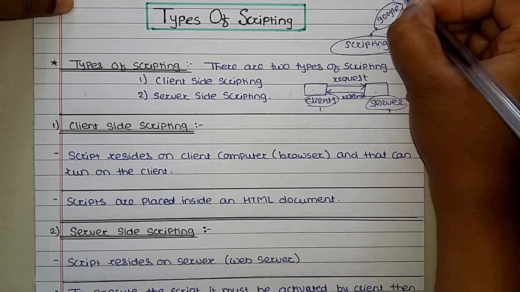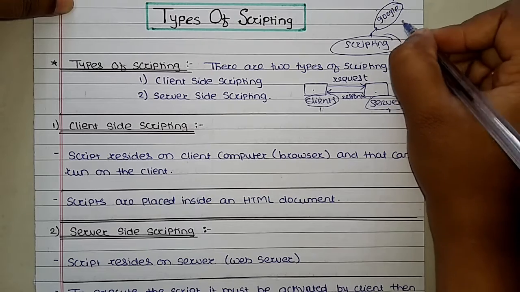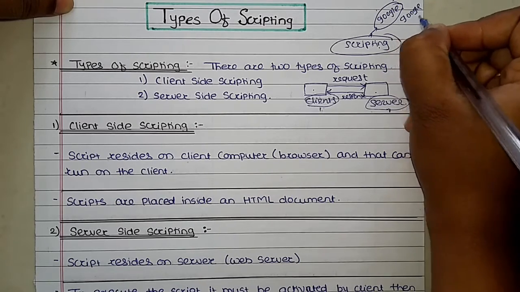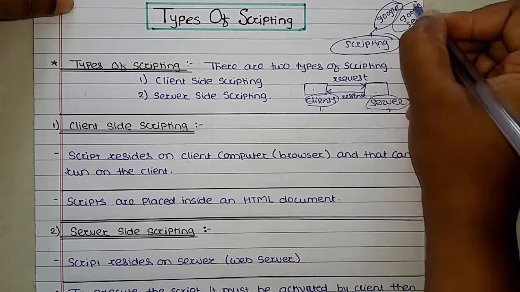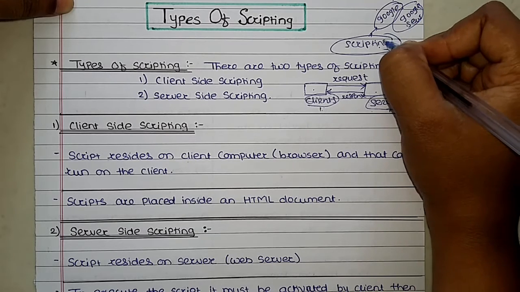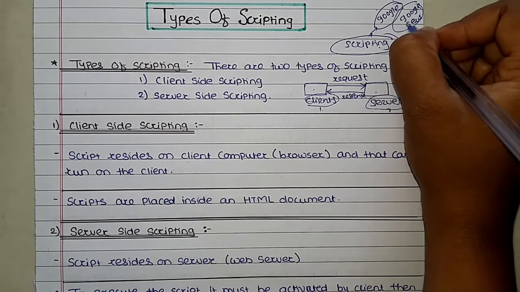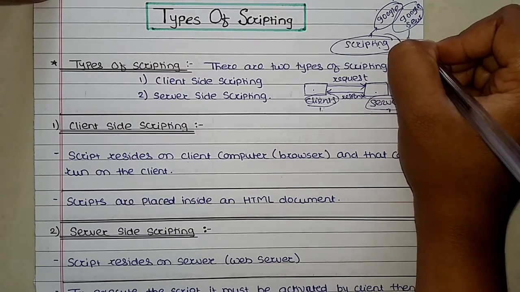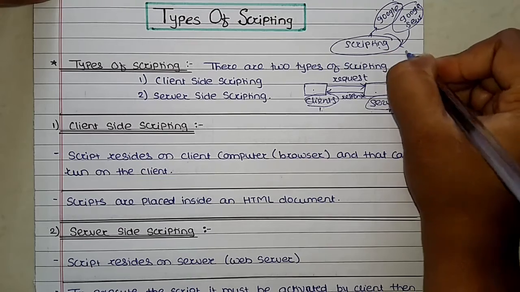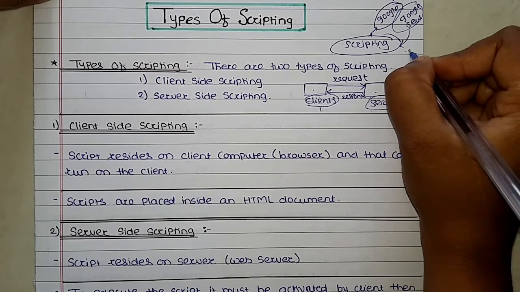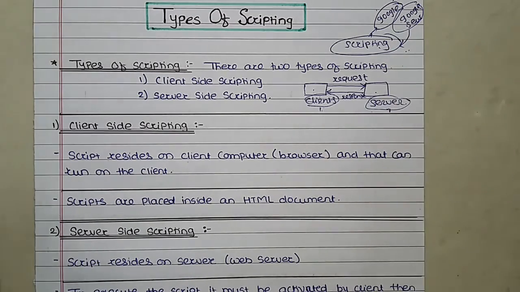The Google server serves the request of the clients, that is, what is meant by scripting. So whatever information is on the Google server is all written back to the client. That means whatever information we search on the internet, the request first goes to the server, and then the server gives the response to the client, correct?